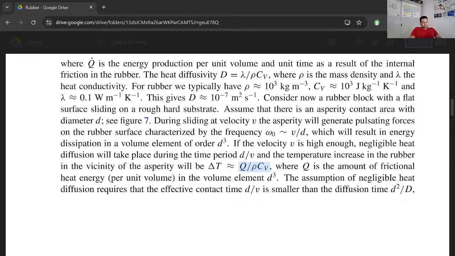So, there are numerous wavelength scales describing the surface asperities.